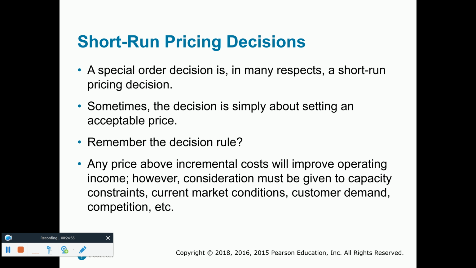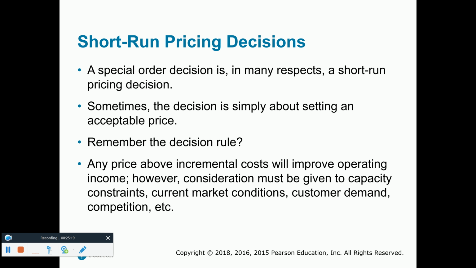Next analysis, short-run pricing decisions. So that's basically what a special order is. The example we just had was, hey, this customer, maybe it's not a one-time customer, but this one time, they want to make a special order, but they don't want to pay $20. They want to pay $11. This is a short-term pricing decision we need to make.